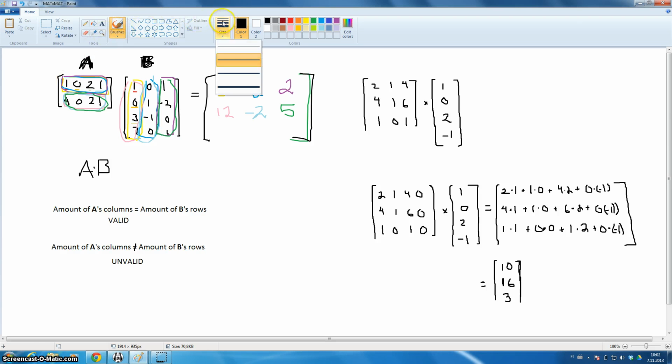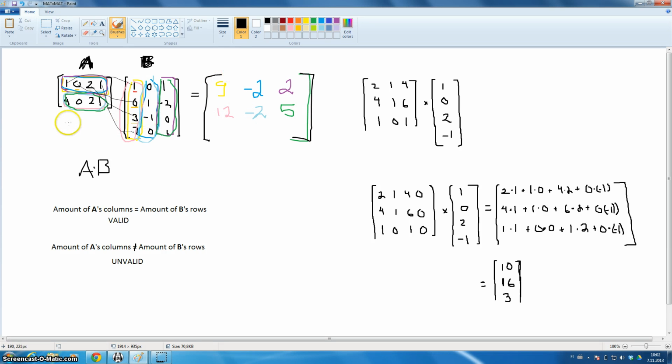This one goes to here, plus this times that, and this times that, and this times this one, and the second one is computed the same way, by multiplying the elements with each other and adding them together. And so we have this result.